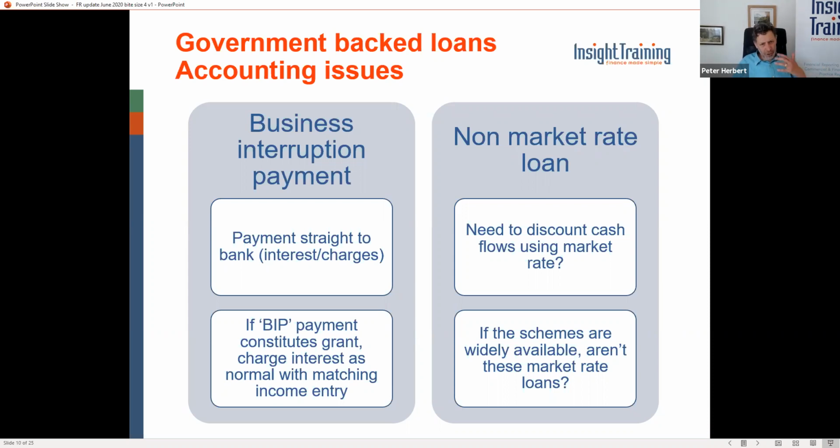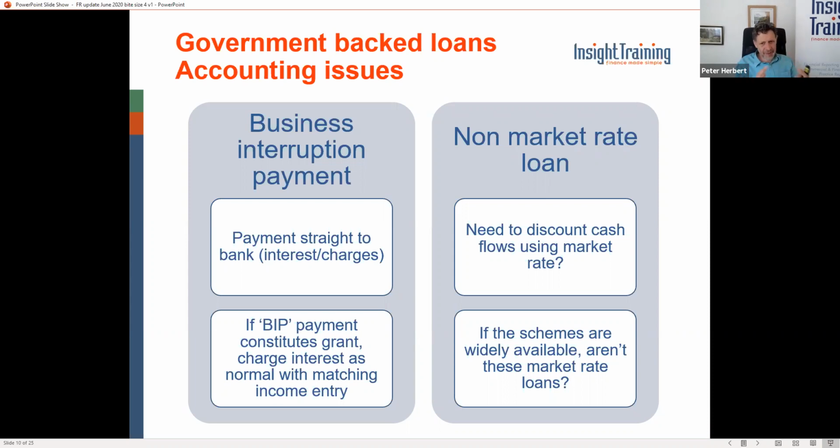And what I'm sure you'll recall from an FRS 102 point of view is that when an organisation borrows cheap and is paying a lower than market interest rate, what you're required to do from an accounting point of view is take future payments to the lender, discount them back to net present value using a market rate, and you then get on day one a gain, which in the context of this particular sort of arrangement might be construed as being the grant.